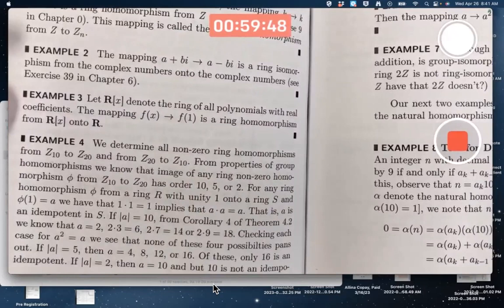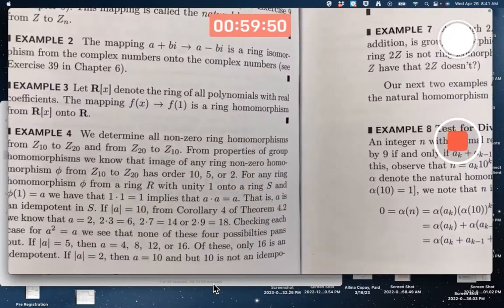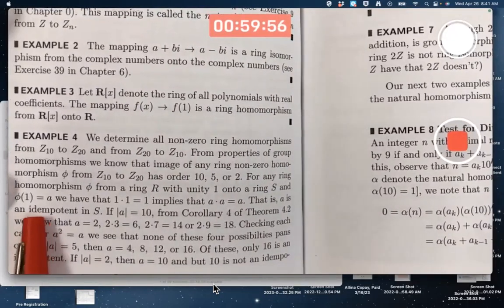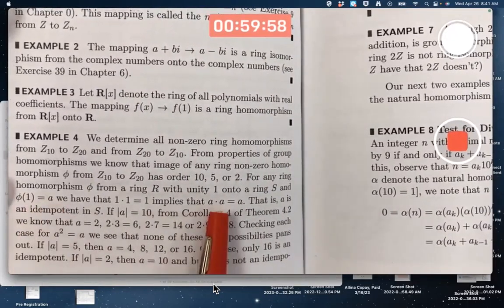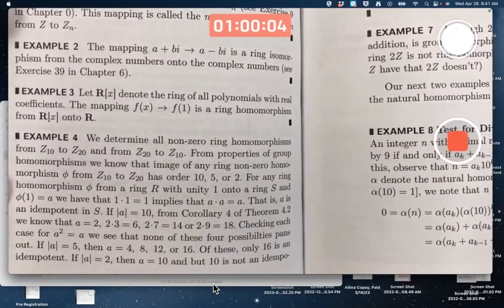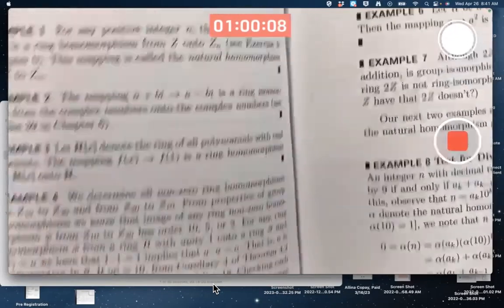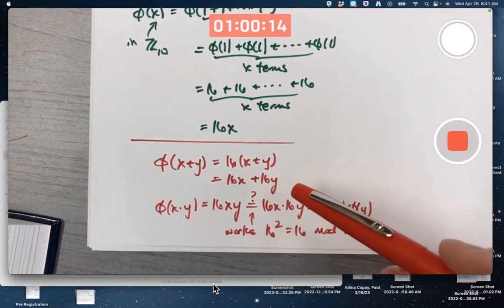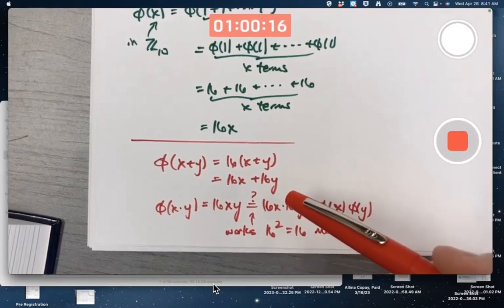Not that you'd have to write everything the author does, but you should know that with ring homomorphisms, if phi of 1 equals A, then A must be an idempotent. A squared must equal A, and that helps you rule down the possibilities for A. But once you know what 1 gets mapped to, like in this example, 1 getting mapped to 16, you do effectively know the formula for phi, 16x in this case.